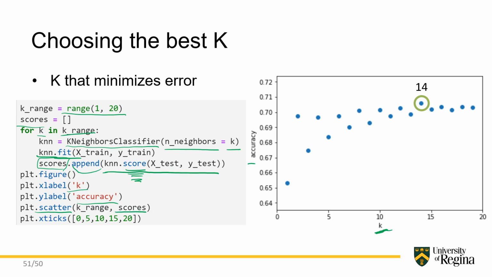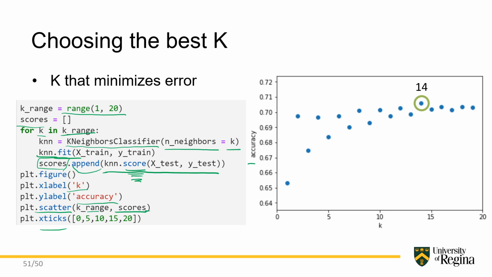For 1 to 20 on the x, we plot the scores, and these are the ticks, these values for the x. So we showed 5, 10, 15, 20.